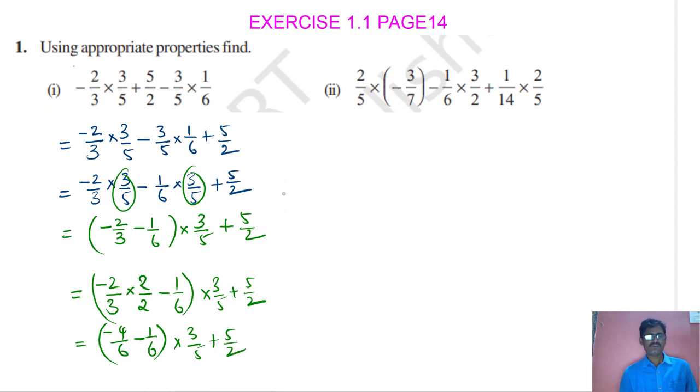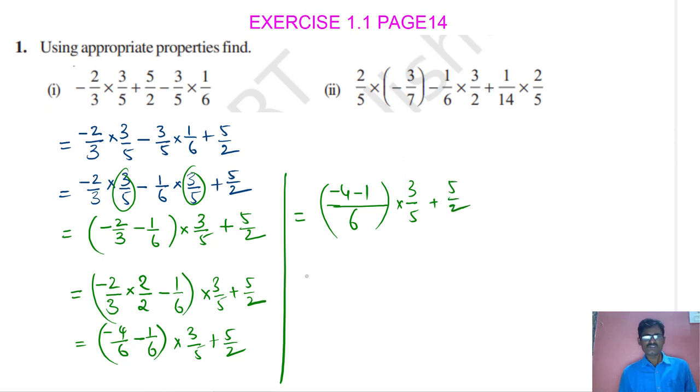Now this is equal to, within the brackets we have 6 in the denominator, that is common to both. So we can take 6 as LCM and write 6 as the common denominator. So in the numerator we have minus 4 and minus 1, then times 3 by 5 plus 5 by 2. So this becomes minus 4 minus 1 means minus 5 divided by 6, then times 3 by 5, then plus 5 by 2.